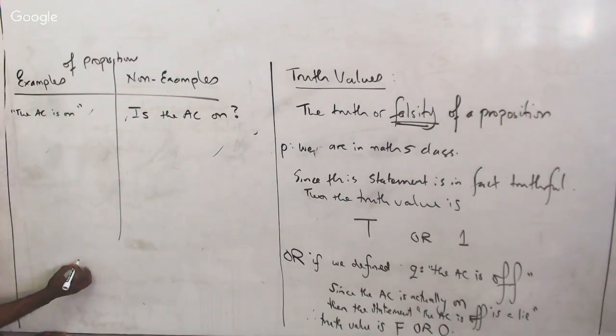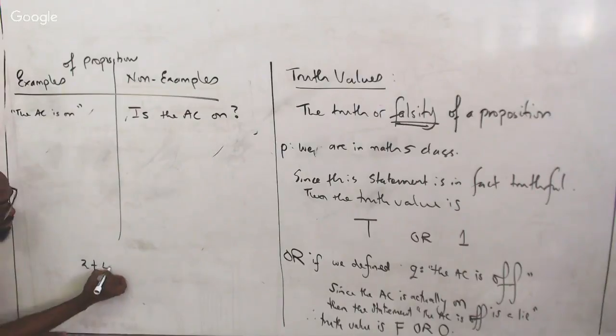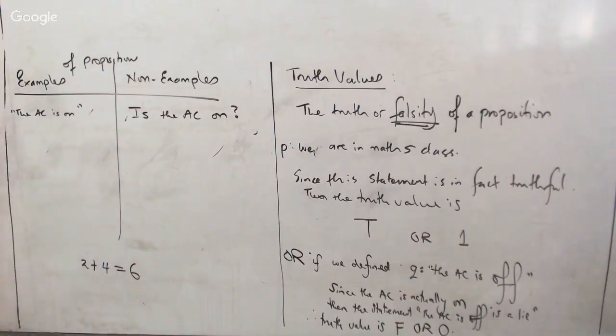I don't know where to put this one, so let me ask. 2 plus 4 equals 6. Is that a proposition? Yes. Is it? Yes. It's proven. All right, so what's it declaring?